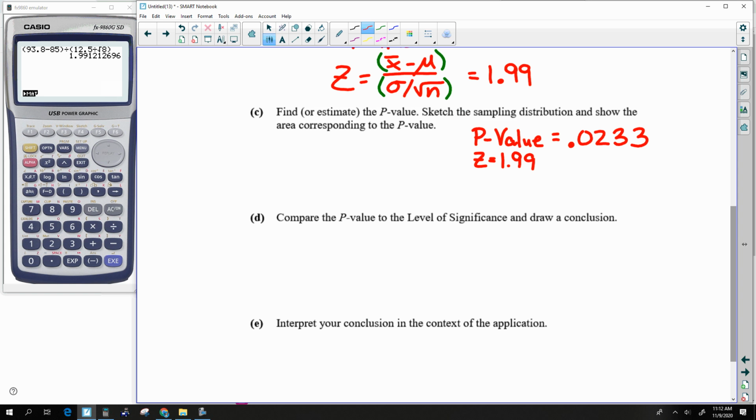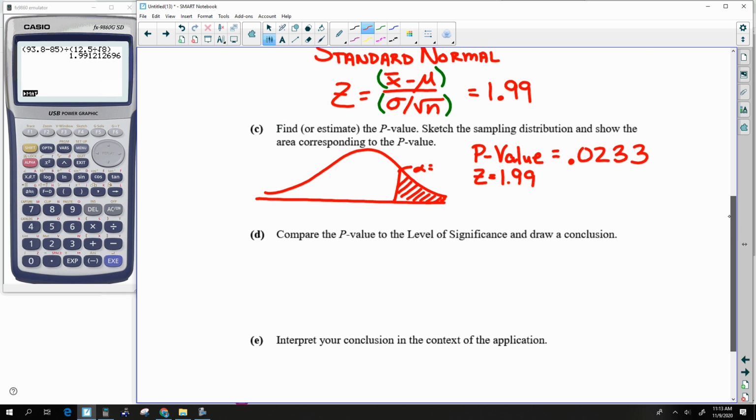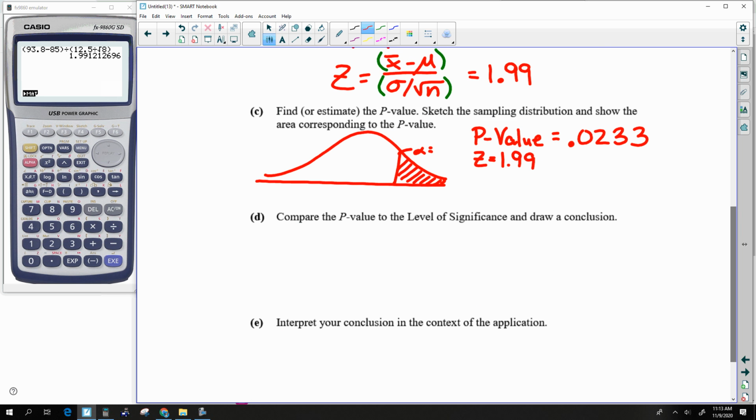Again, this is not a two-tail. This is just one tail. A right tail, more specifically. Okay, so right tail means the rejection zone is on the right. This is alpha of, I think, 5%, right? Yeah, 5%.